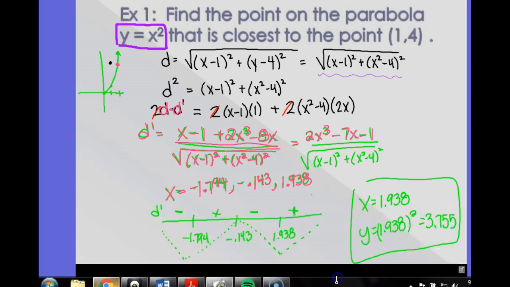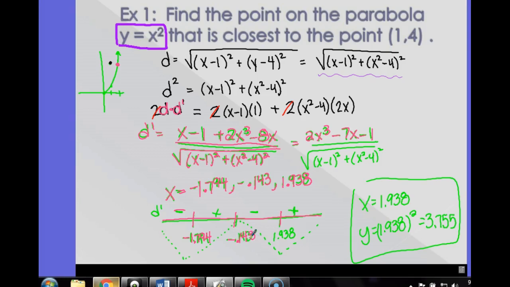So how do you determine if it's a min? You need a sign chart. How would you determine the signs? You'd go to the table and look around these 3 critical points. So you would look around negative 1.794. What's happening at negative 2? We need to be between negative 1.74 and negative 0.143, so I'd pick negative 1.